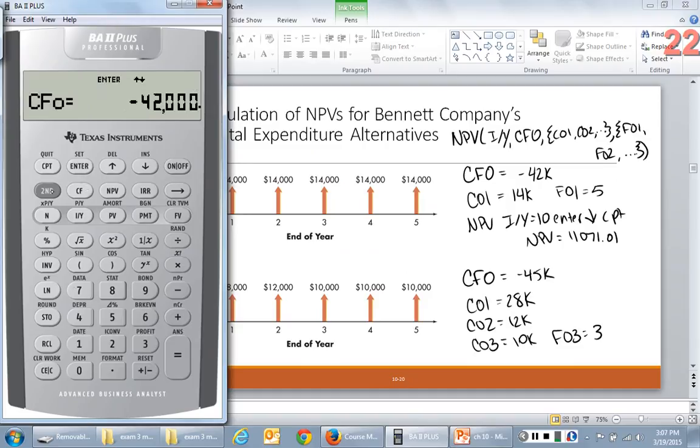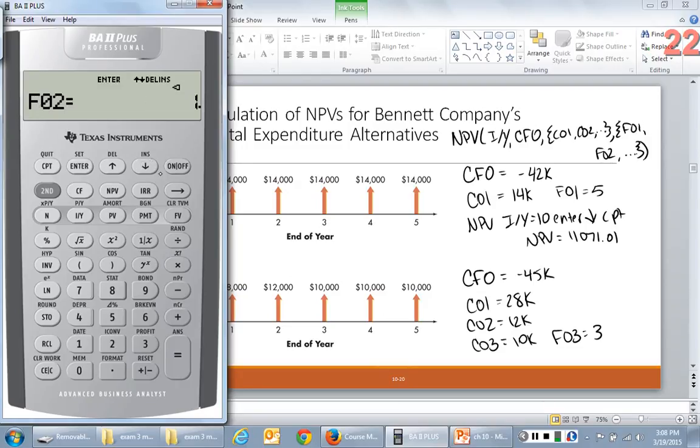So push your cash flow button, second and clear work. 45,000 negative is the cost. Enter and down. Cash flow at time period 1 is 28,000. Enter. Down arrow. Frequency is 1, so down arrow. Cash flow 2 is 12,000.